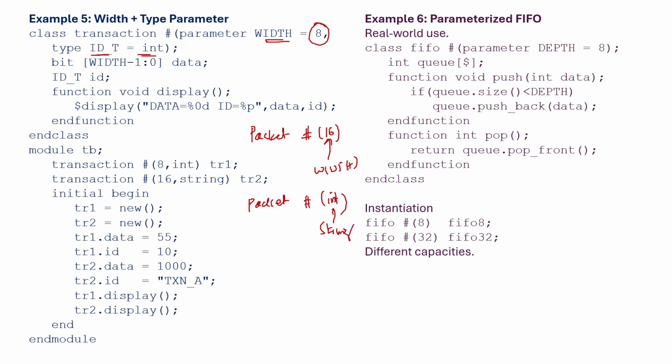Now both are applied in the same class. So now, same thing, packet hash some 16 comma bit you can apply, or 32 comma string you can apply. Same class, different bits, different data types.